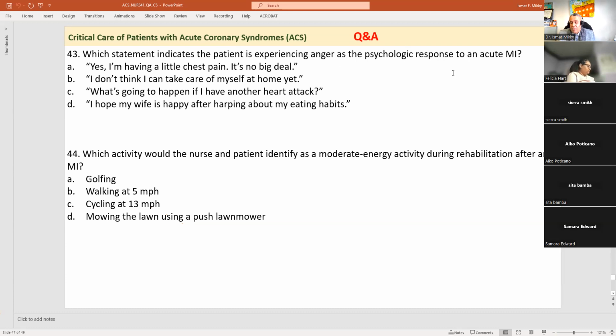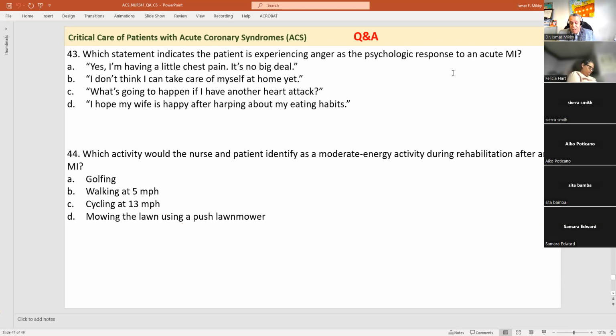D. I was going to say D. D, exactly. Relaying an inability to care for self relates to the patient's dependency. Questioning what will happen if there is another attack is expressing anxiety and fear. Depression may be expressed related to changes in lifestyle.